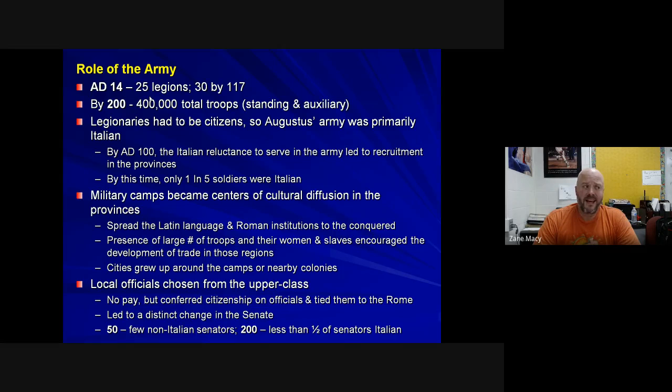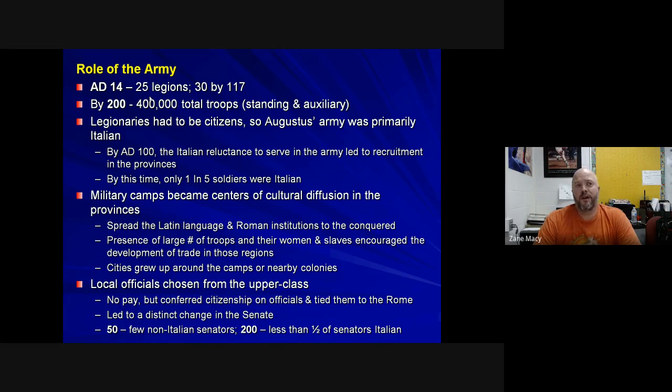Also, they might not feel the same sense of duty that a Roman native or an Italian native might have to the Roman Empire, because they were brought into the empire. Even if it wasn't by being conquered, they might not feel the same loyalty.